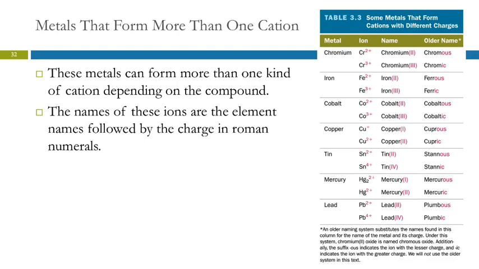Brief lesson in Roman numerals. The first few are pretty simple. We've got 1 is 1 capital I. 2 is 2 capital I's. 3 is 3 capital I's. Then things get a little more complicated because we couldn't just keep going. That would be just like tally marks. I'm going to skip to 5. 5 is a capital V. I don't know why, it just is.